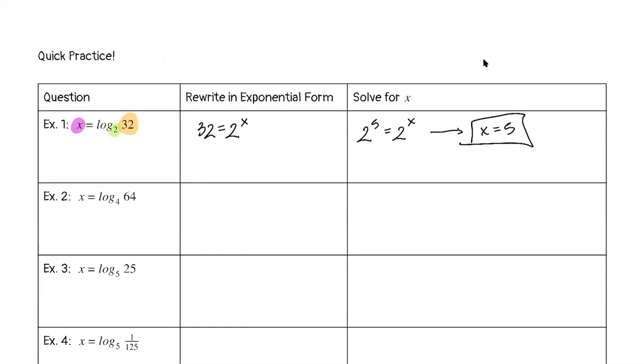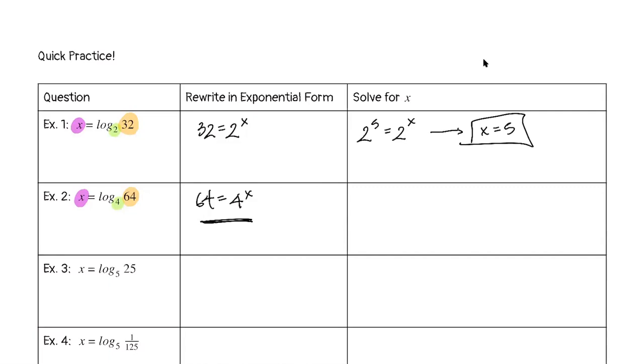Let's try a different one. I've got x equals log base 4 of 64. If I rewrite that in exponential form, I get 64 equals 4 to the x. So that's what that question is asking you. When someone says, solve this without a calculator, they know that you know how to find exponents.